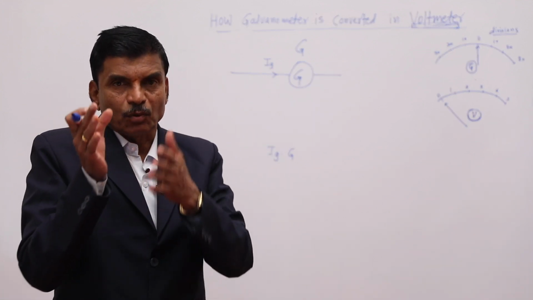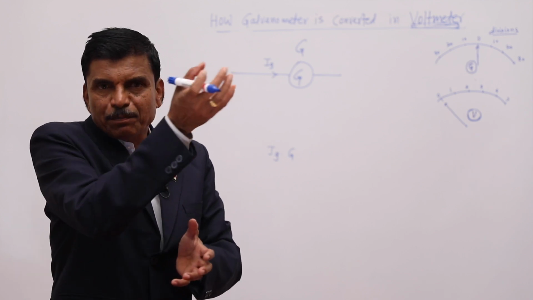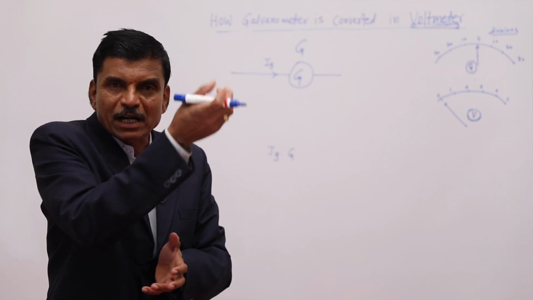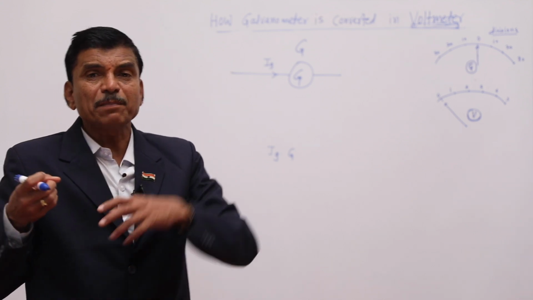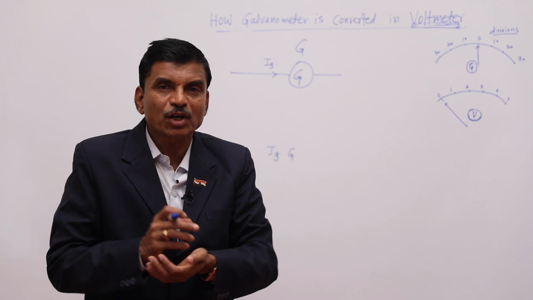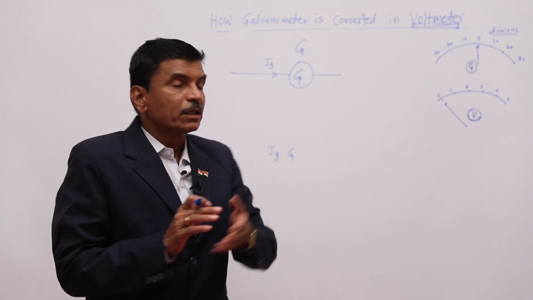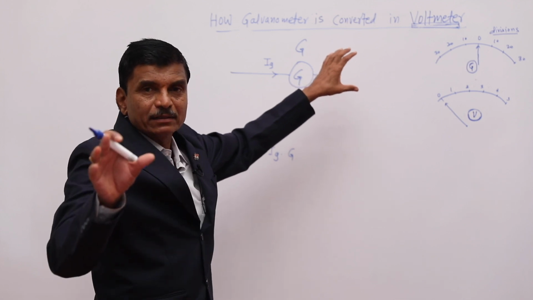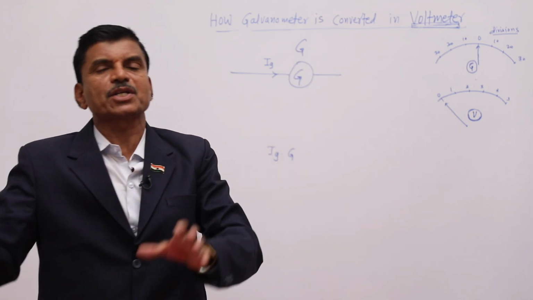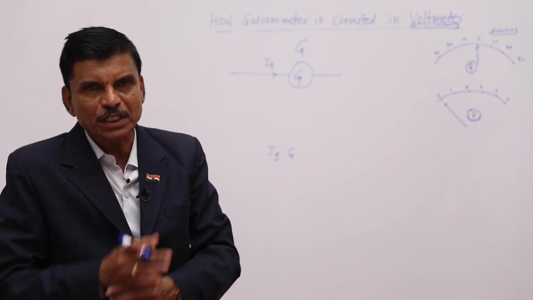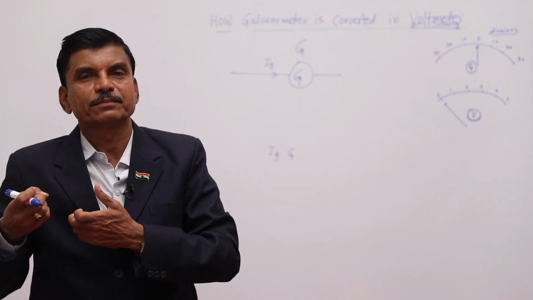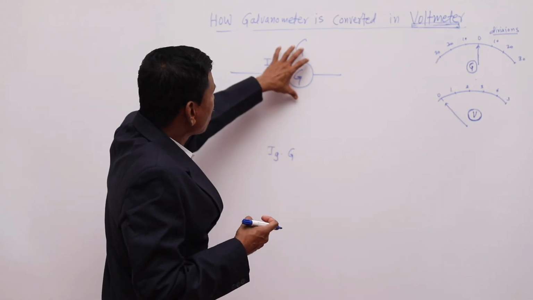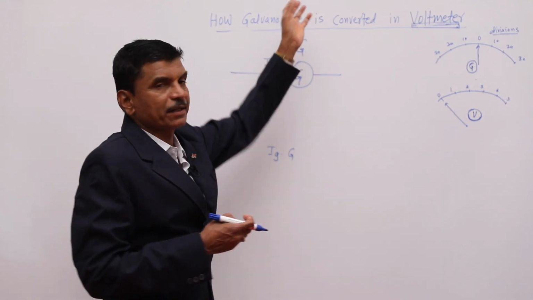Otherwise, if the voltmeter resistance is small, it will draw some current from that part of the circuit, and that's why the PD will change. So the actual PD cannot be measured. That means this voltmeter, while connected in parallel to that part, must have very large resistance, so that it should not draw any current. And that we want to make. That's why this galvanometer is to be modified.